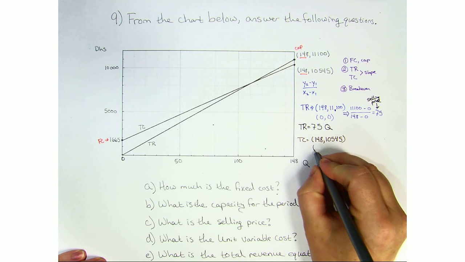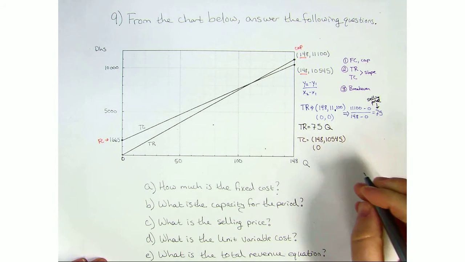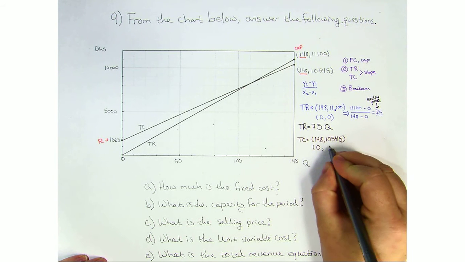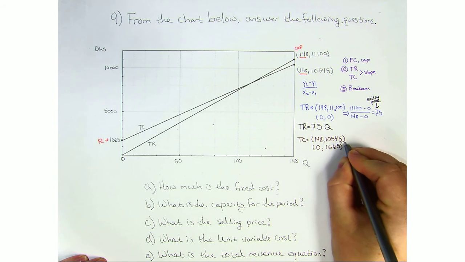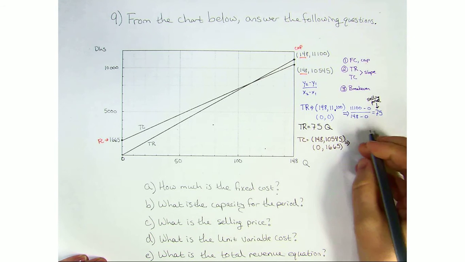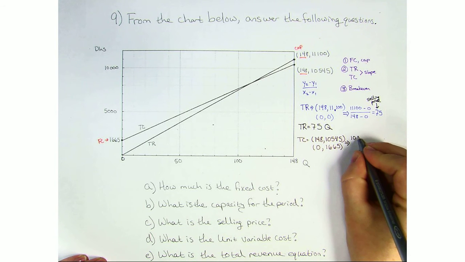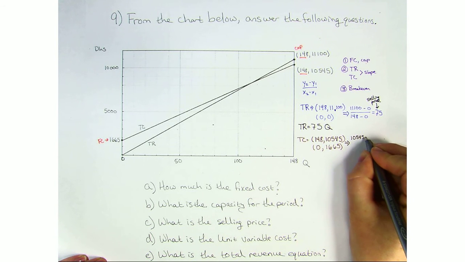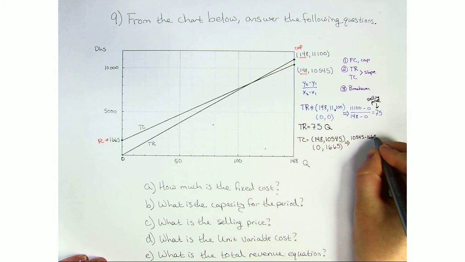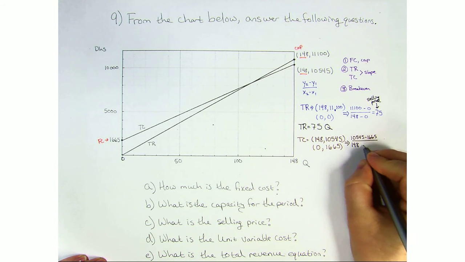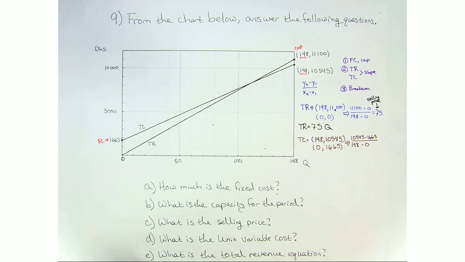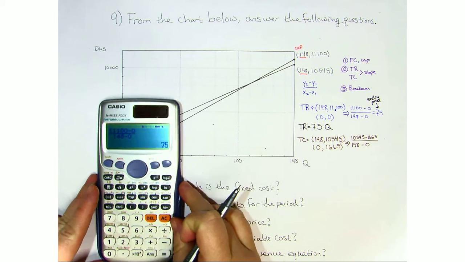But the point is that the x-coordinate, or the quantity, when the quantity is 0, you still have to pay 1,665. So we put that into our slope equation. 10545 minus 1665 divided by 148 minus 0. And we'll put this into our calculator as well.